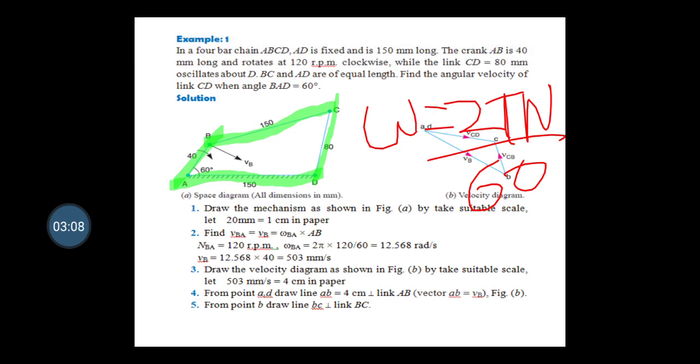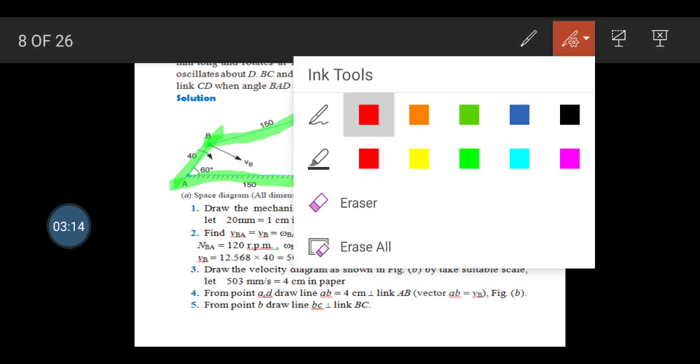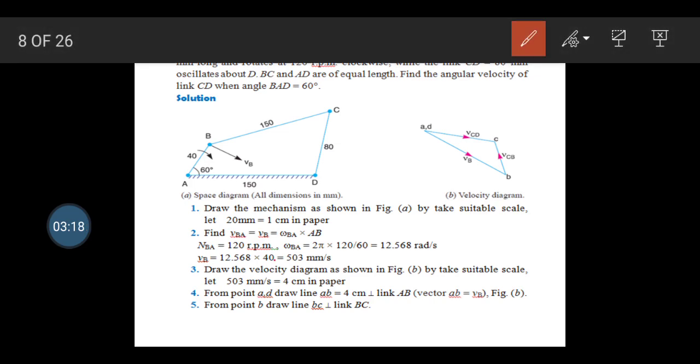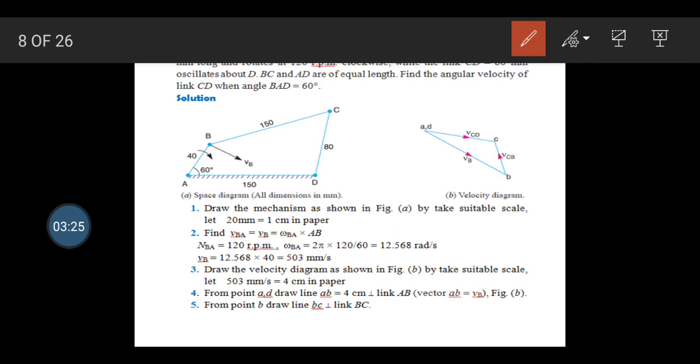Already from the given data we have N as 120. When we substitute it here, we get the value of omega, that is 12.56 radian per second. Once we get the value of omega, we will get the velocity of point B. How did we get this?